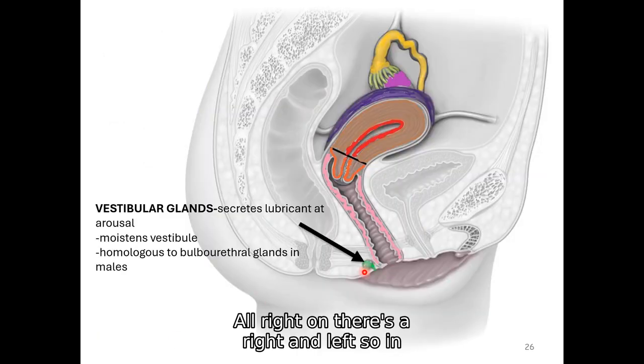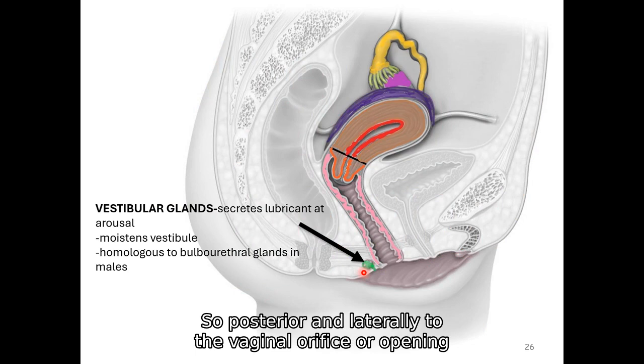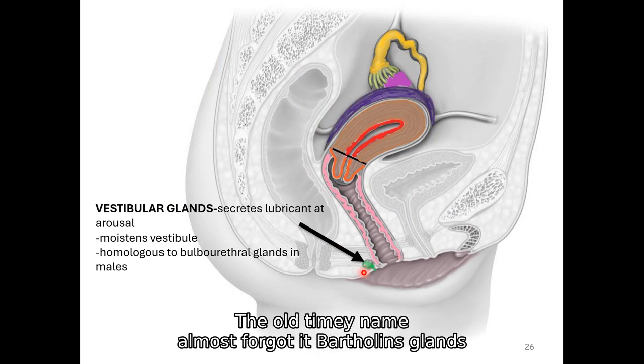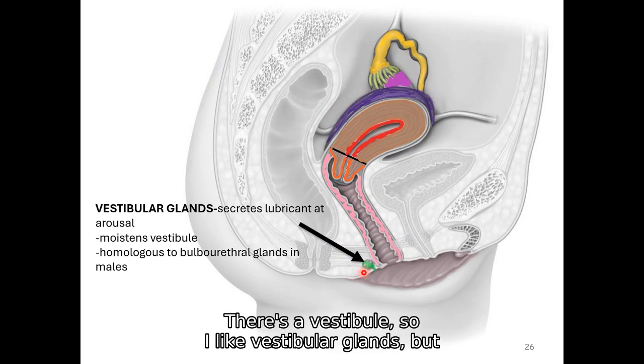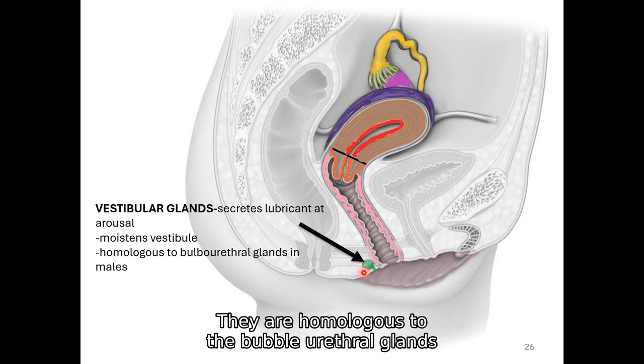All right. There's right and left. So in this picture, there's two of them. They're vestibular glands, posterior and lateral to the vaginal orifice or opening. The old-timey name, I almost forgot it, Bartholin's glands. There's a vestibule, so I like vestibular glands, but if you want to go with Bartholin, go ahead.